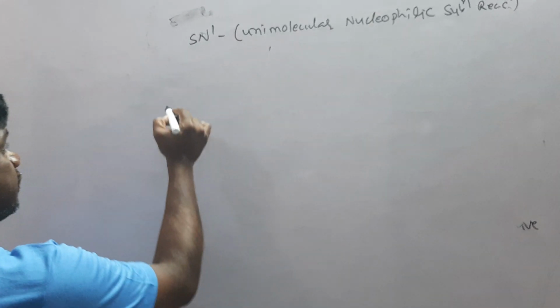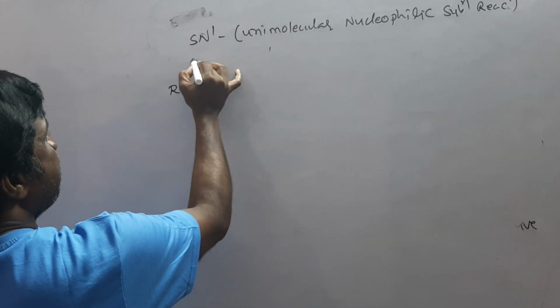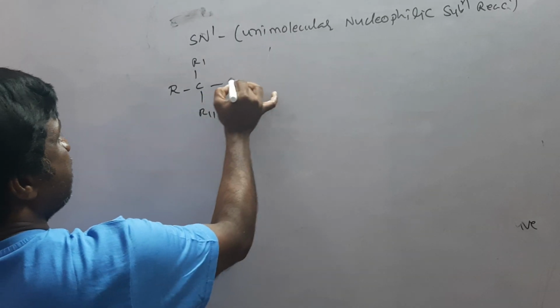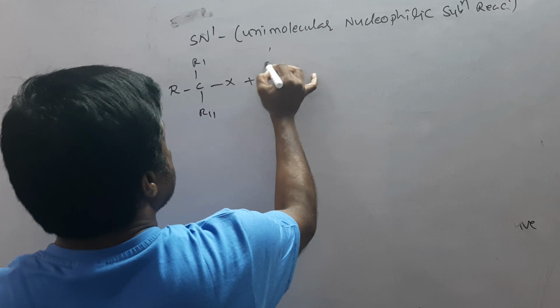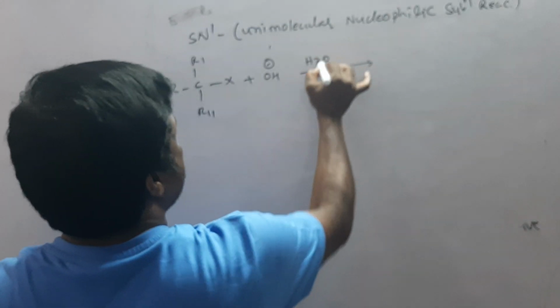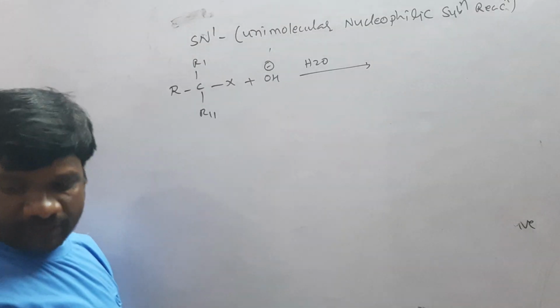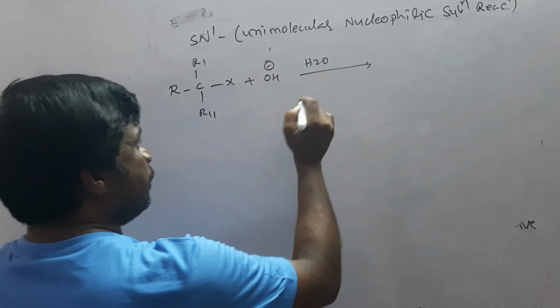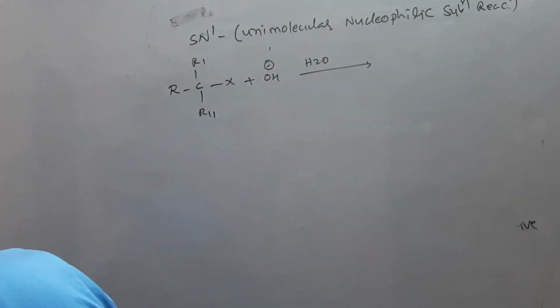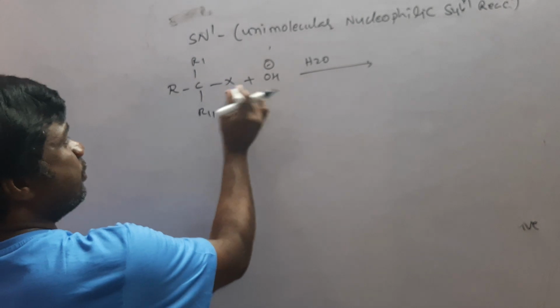Now we'll discuss the reaction of R1R2R3C-X with OH minus, with water as a solvent. Here X is replaced by the OH group.